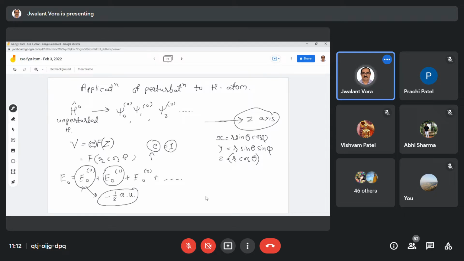What is the ground state energy of the hydrogen atom after applying the perturbation theory? So this is the first order correction. Our syllabus goes up to first order, so we will go for the first order correction only.